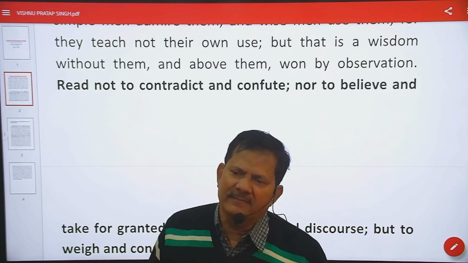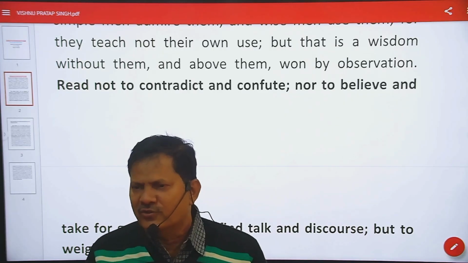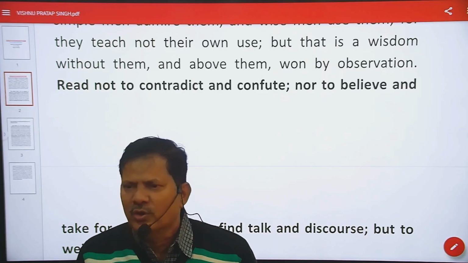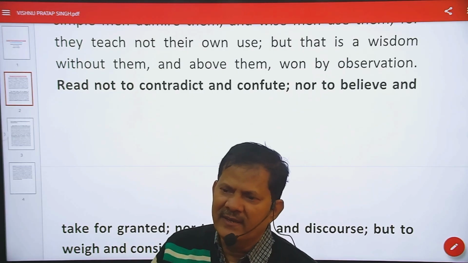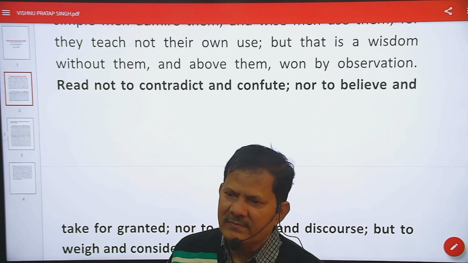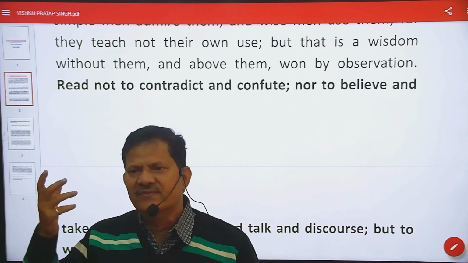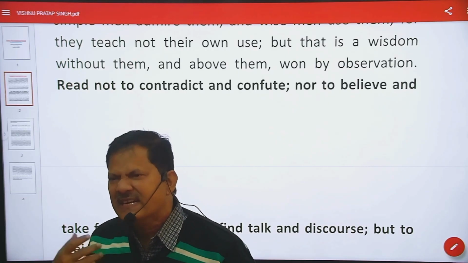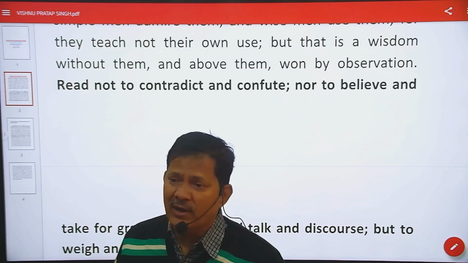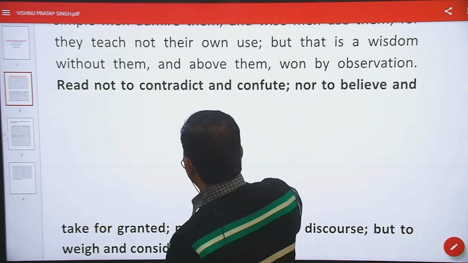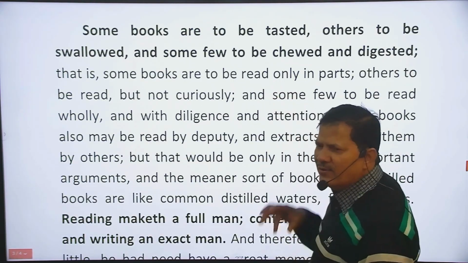To think, to make yourself and your thoughts weighty, and to weigh things. Weigh yourself and weigh the world, and the scale for weighing all these things is study. And for that one must study. One must not study just to contradict and confute, to believe and take for granted. No, not at all.